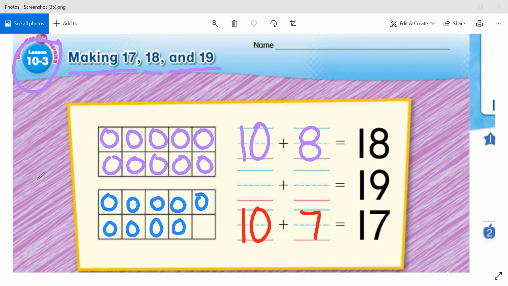So how many more did we fill up? 1, 2, 3, 4, 5, 6, 7, 8, 9. So we added 9 more counters.